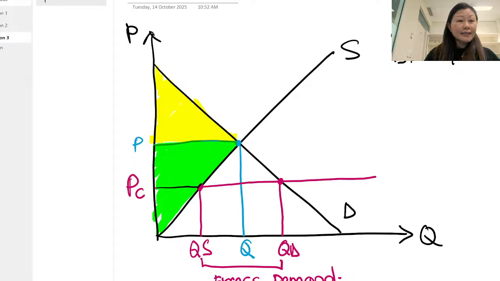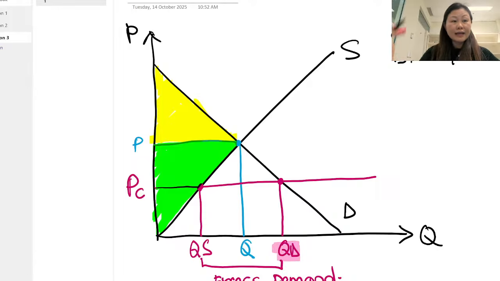Now, at the price ceiling, will this help the consumers? Is the question that we're going to ask. At the price ceiling, more consumers want to rent apartments. We saw it. Okay? We have more consumers wanting to rent. We have a greater quantity demanded because it is now cheaper.